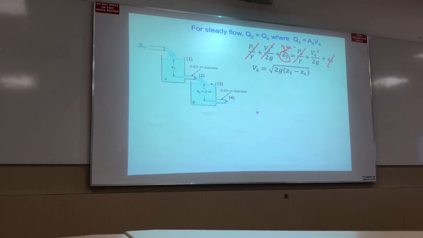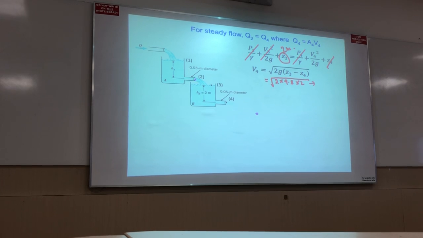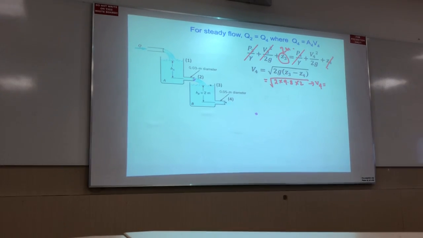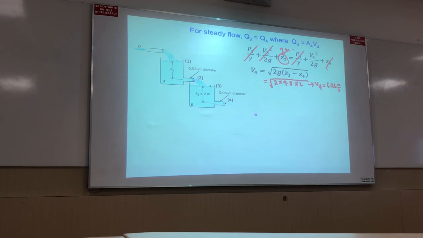Then I can write 2 times 9.8 times 2, so V4 is equal to 6.26 meter per second. Then I can write Q4. What is the value of Q4?